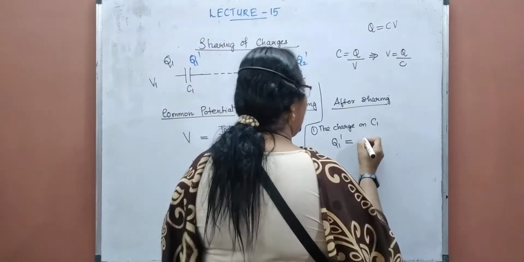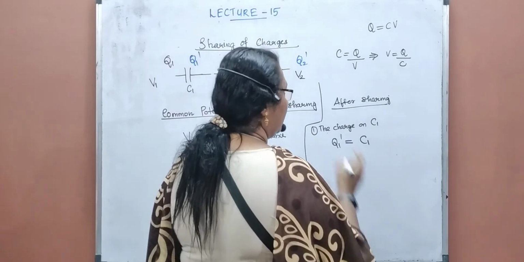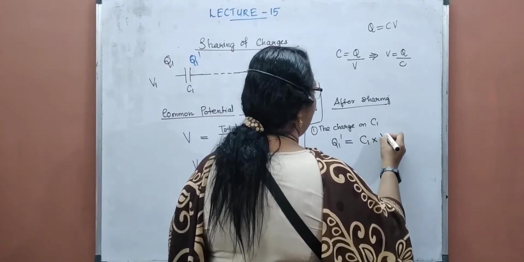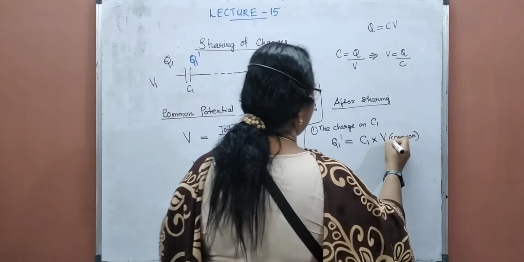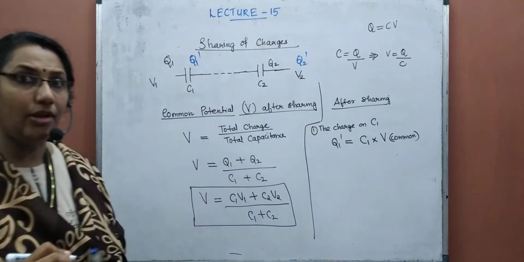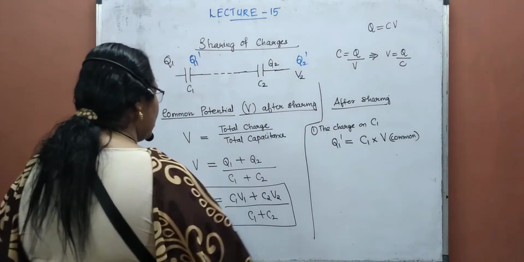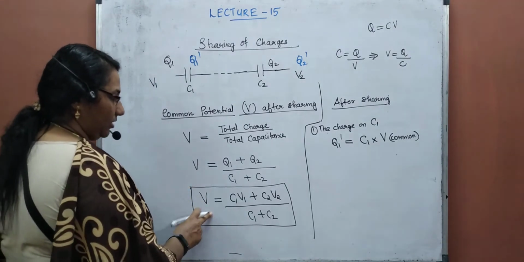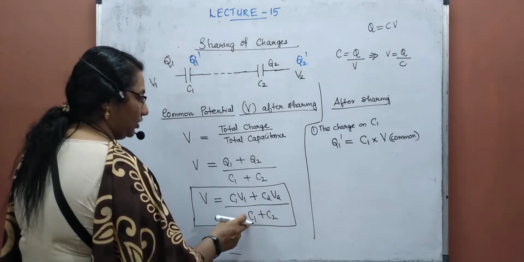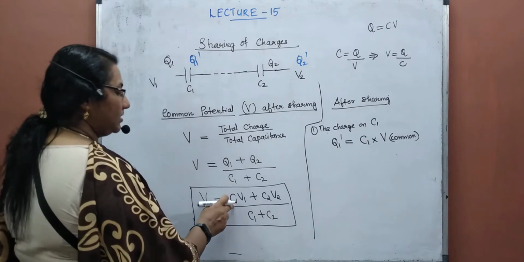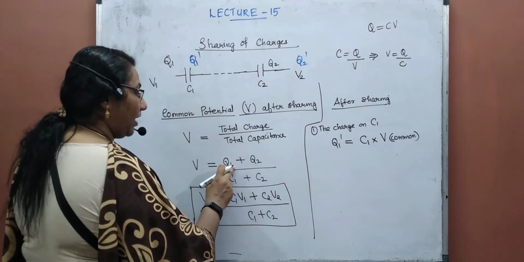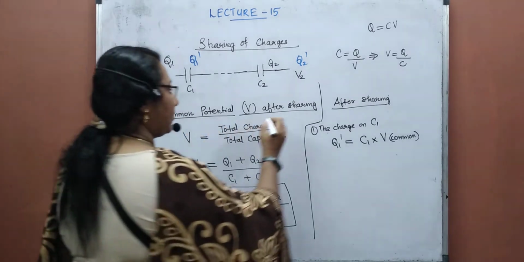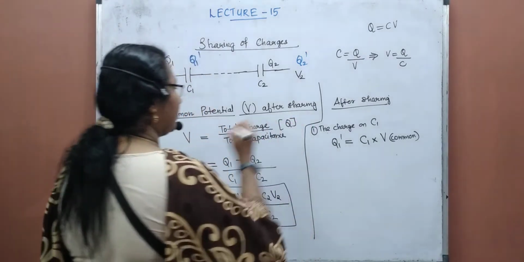So its capacitance C1 into the common potential. After sharing, both of them have a common potential. So what is the equation for potential? This is the equation: C1 V1 plus C2 V2 by C1 plus C2, where C1 V1 is Q1, C2 V2 is Q2. Or we can write it is the total charge. May I write the total charge as Q?